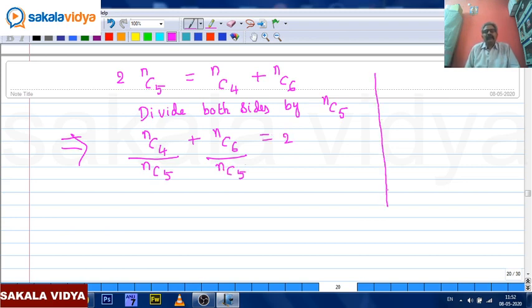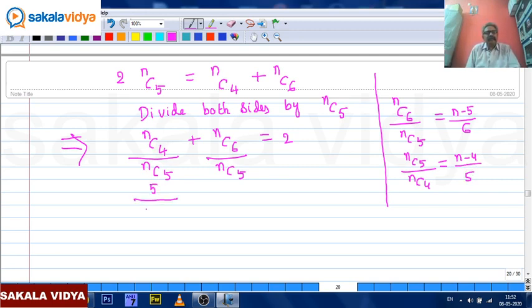We have very interesting shortcuts. nC6 by nC5 equals n minus 5 by 6. Similarly, nC5 by nC4 equals n minus 4 by 5. But this is reciprocal, nC4 by nC5, so we can write 5 by n minus 4 plus n minus 5 by 6 must be equal to 2.